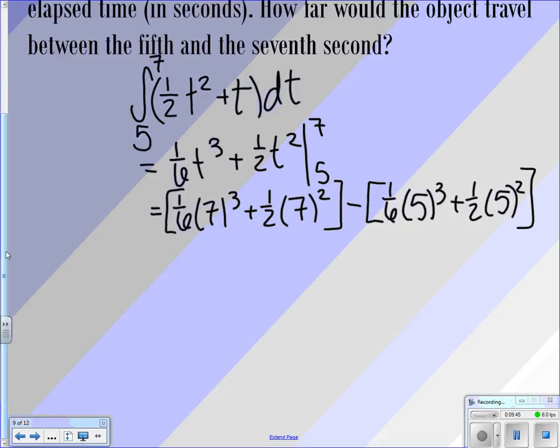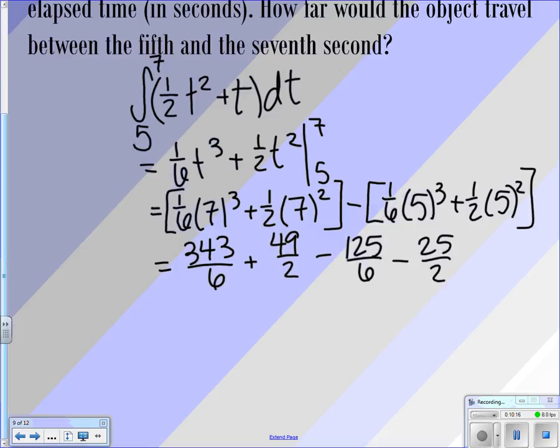So now we just need to simplify that. 7 cubed is 343 over 6, which won't reduce, and then plus 49 over 2. And then we're going to have minus 125 over 6, and then minus 25 over 2.